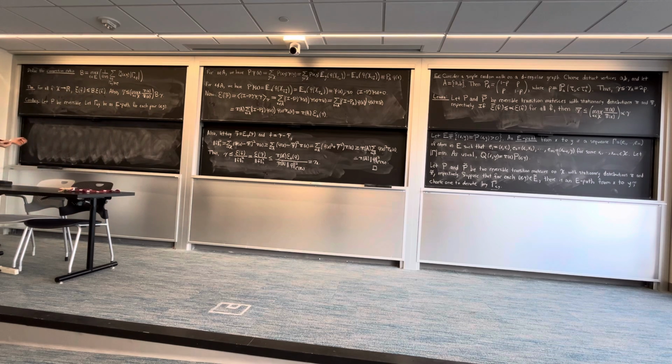So just for any two states, I find some path from x to y, and I call it gamma sub xy.